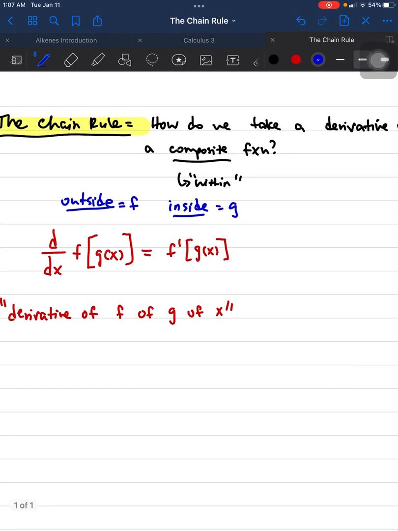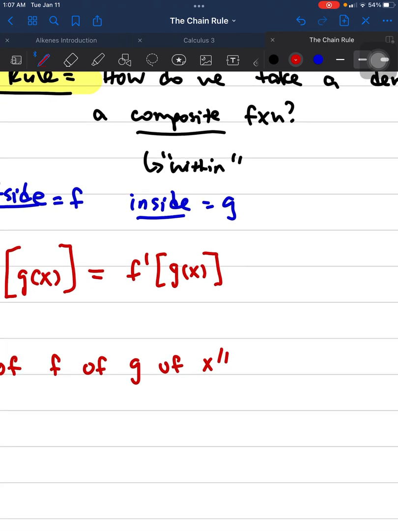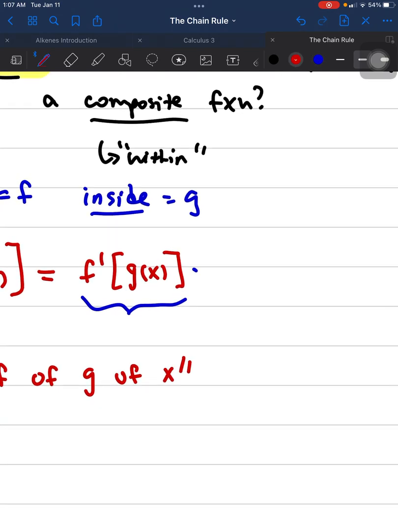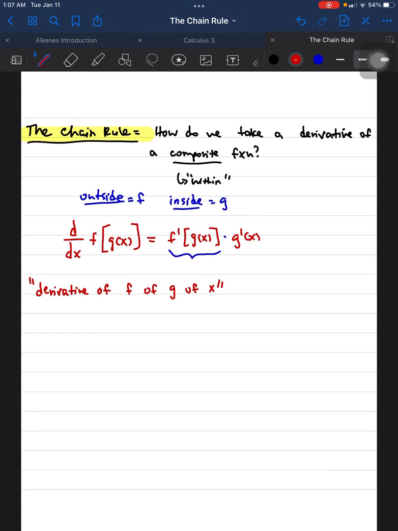And the inside function here we consider g. So this right here is the derivative of the outside function times the derivative of the inside function, which is g of x.